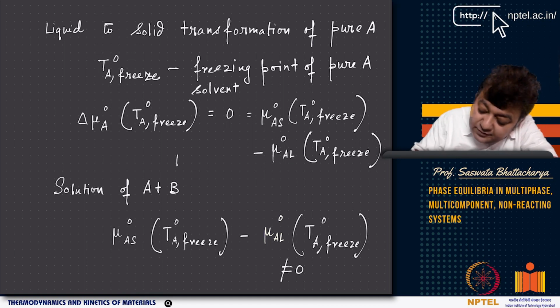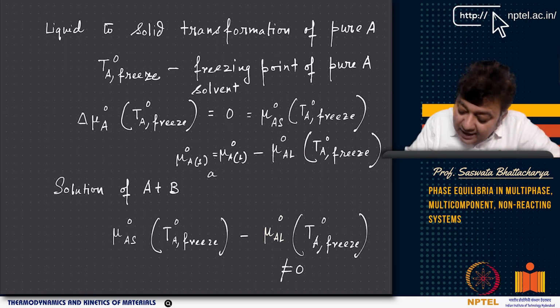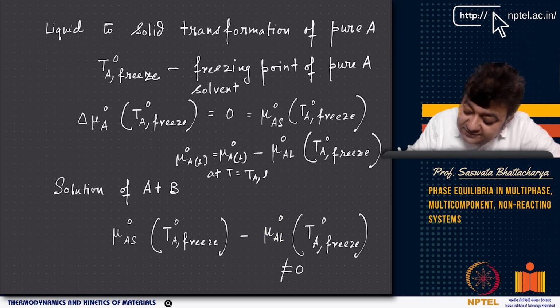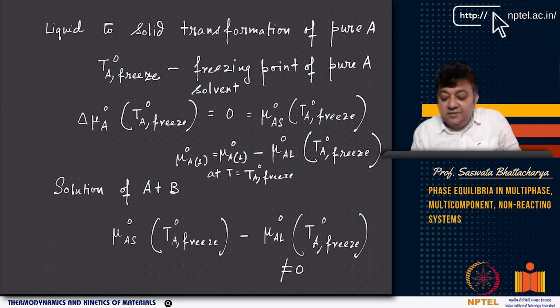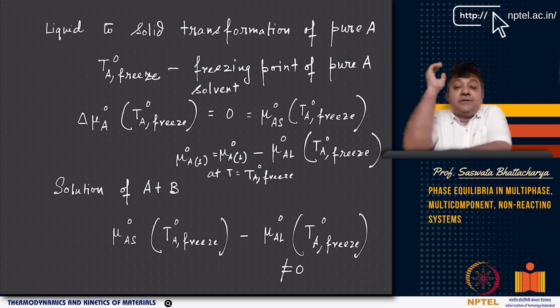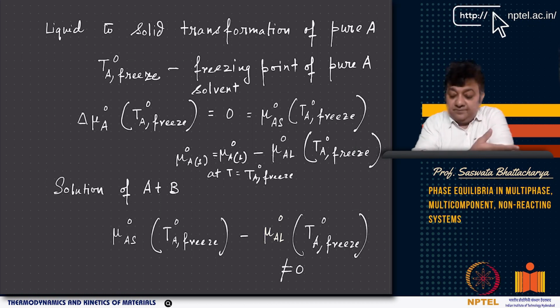Because mu A in solid is equal to mu A in liquid, in the pure state, right? It has to be at T equals T A 0, because it's the freezing point of A, right? So what we are saying is that the chemical potential difference between the solid and the liquid at the freezing point of the pure solvent has to be 0, right?